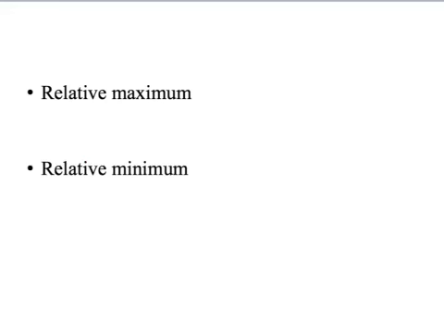We want to define relative maximum and relative minimum. And the reason that they're called relatives, we already know what a maximum is and what a minimum is. But there are graphs that have more than one maximum, such as this one.